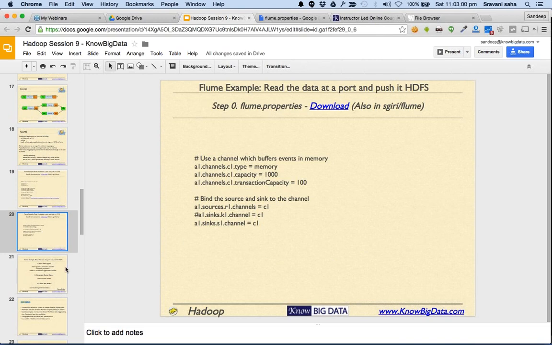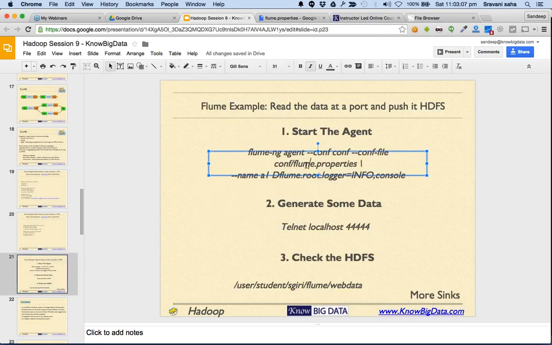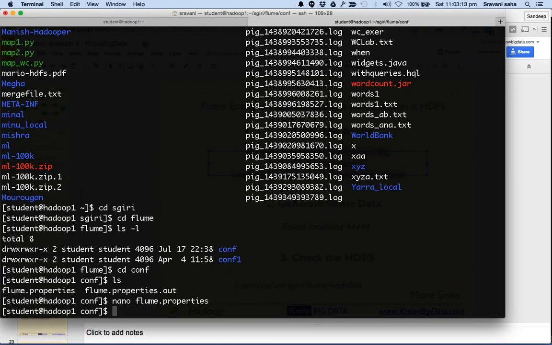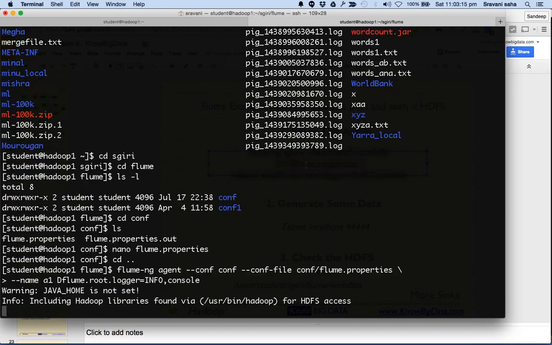And here we are saying our channel is in memory, meaning whatever data we are pushing is kept in RAM. Let's start it. Let's start our agent.